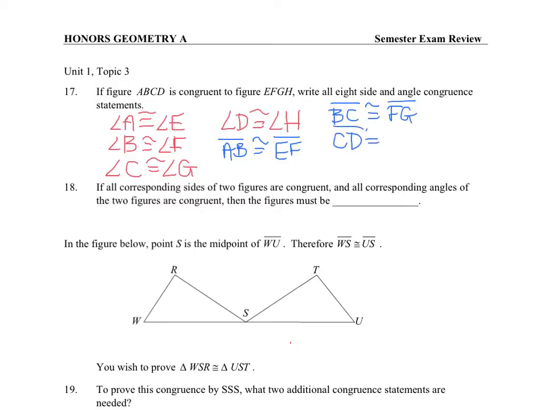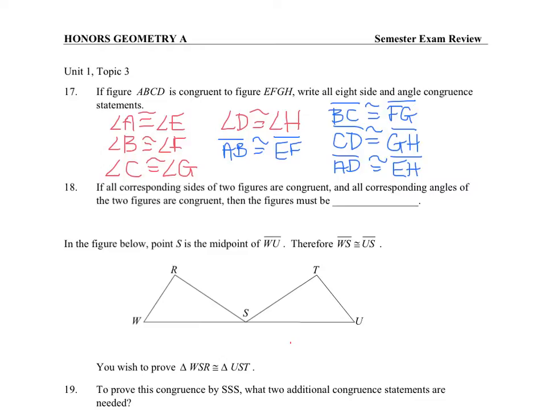CD is going to be congruent to GH. And then I need that other connecting side, DA or AD. It doesn't really matter as long as you keep the right order. AD is going to be congruent to EH. And those are your 8 side and angle congruent statements.